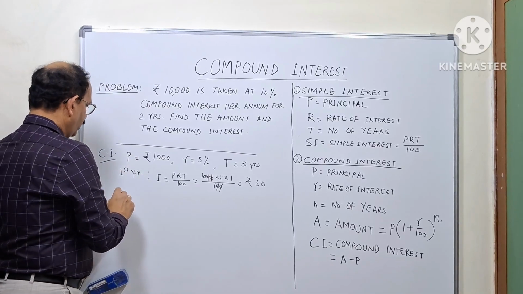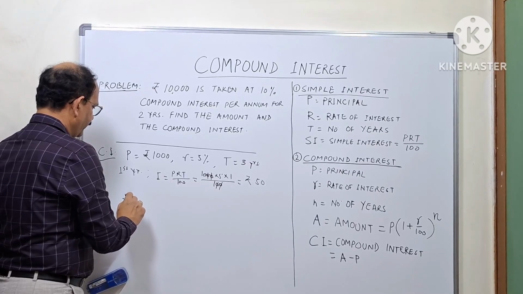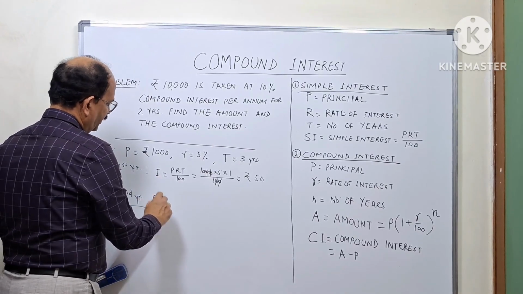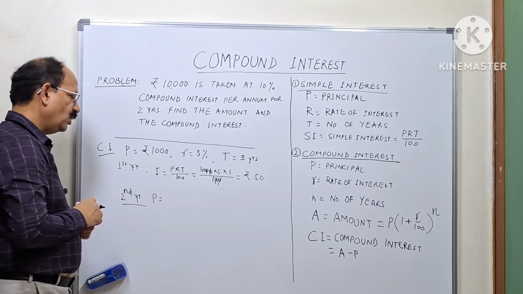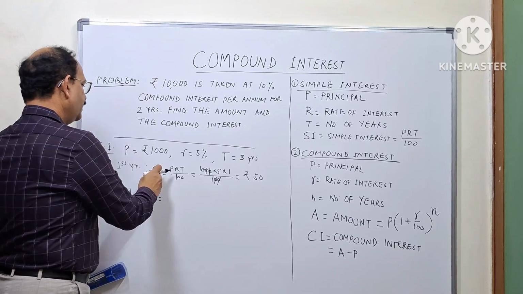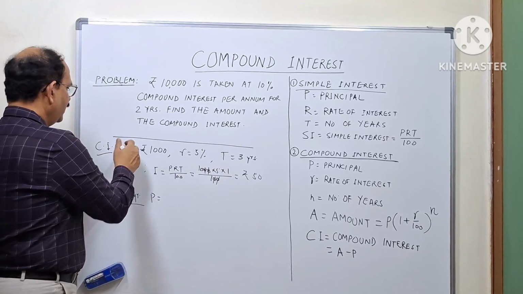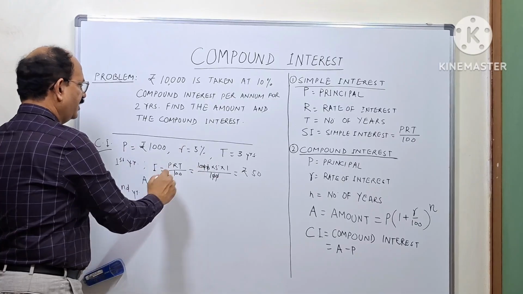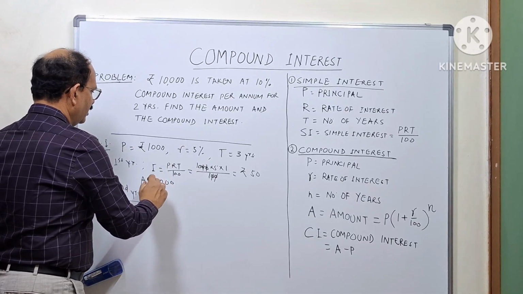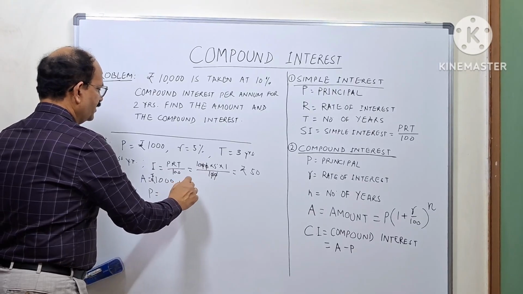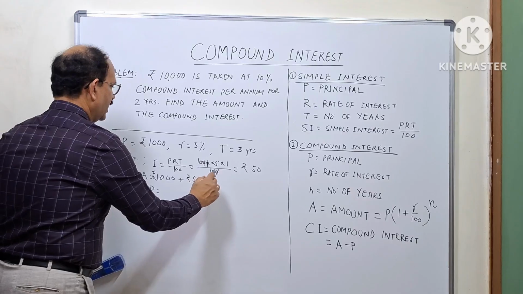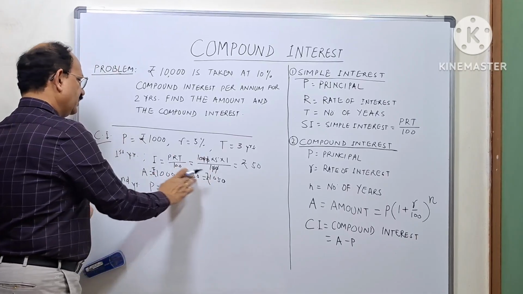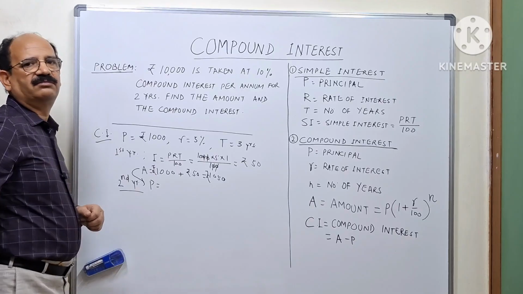But when you calculate for the second year, the principal will change. Why? Because the interest which you have earned in the first year gets added. The principal was rupees 1000 and rupees 50 gets added, so that becomes 1050, and this becomes the principal for the second year.